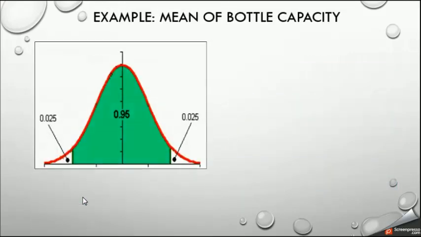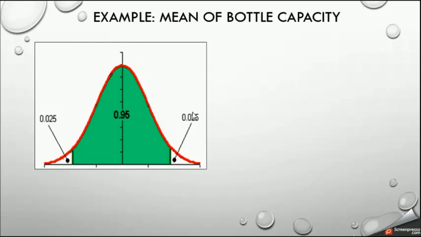Now let's do our test. We have this normal distribution. We have chosen the 95% confidence level, so the area under the curve will be 95%. Because we have a two-sided test, we divide the 5% into two sides.